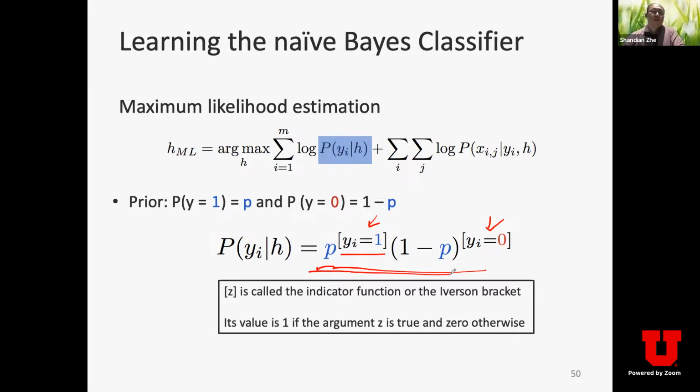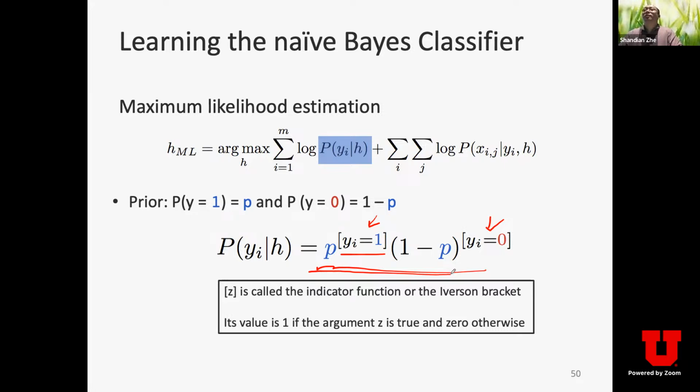So now I want to ask why this Bernoulli distribution can be written this way. Any thoughts? In general, how do you want to write a Bernoulli distribution?